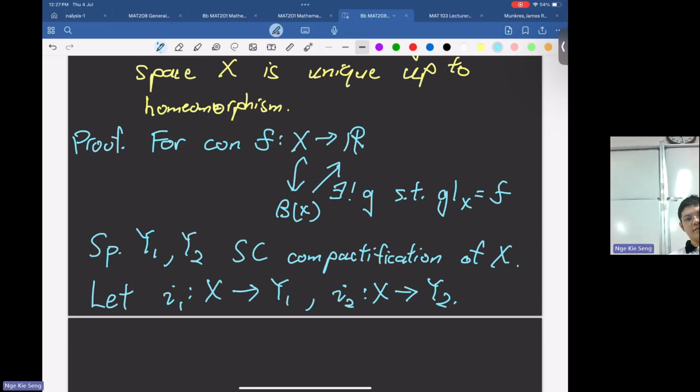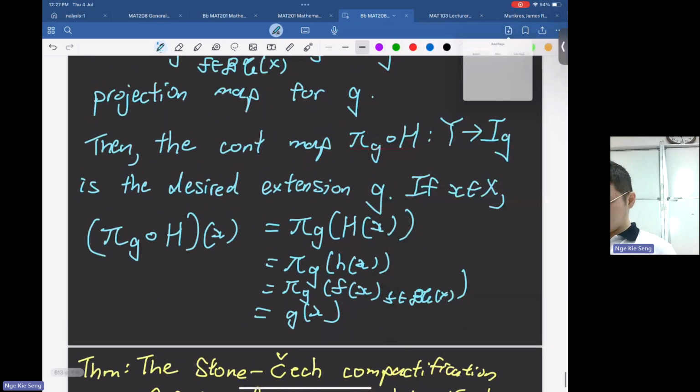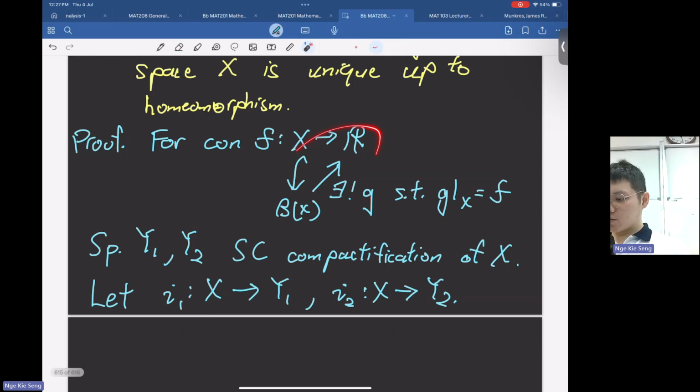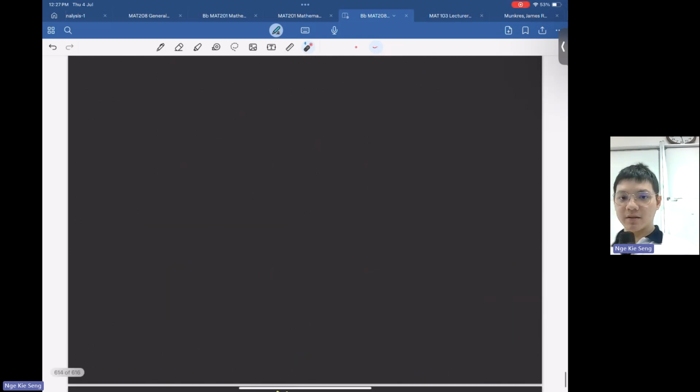Ah, I see. We are missing one theorem here. That's why you don't know. So let's add this theorem in. So we only know that we can extend it to real valued functions, but actually we have this theorem here.